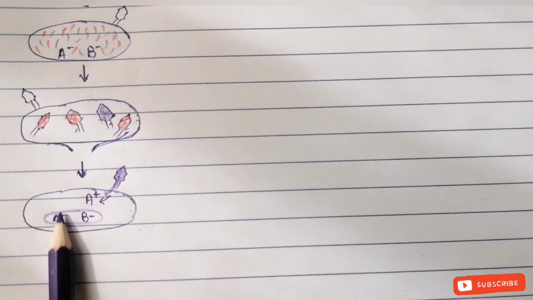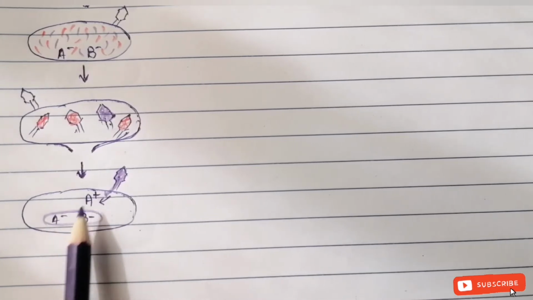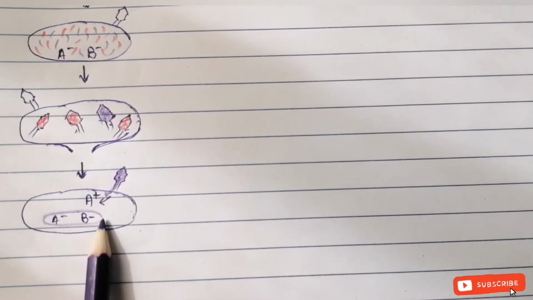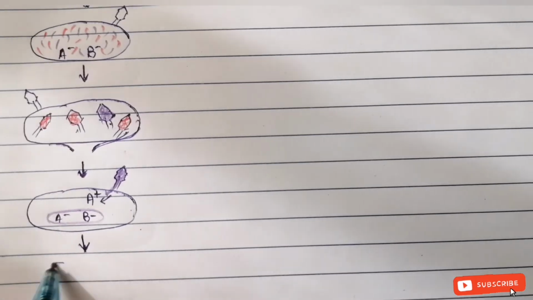But when the virus transfers the A positive into the bacterial cell, A minus is converted into A positive, and A positive is integrated into the genome of the second bacterial cell. So what will happen?